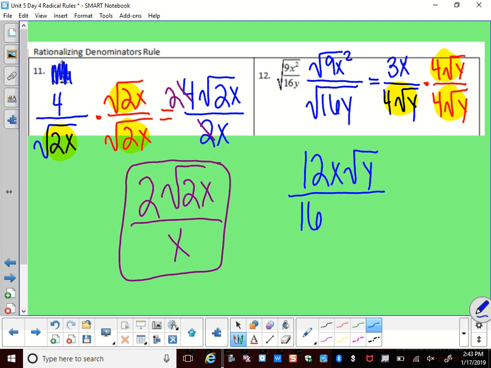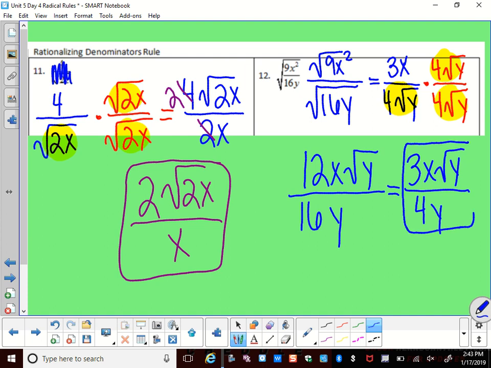What happens to my square root of y? It goes away, but y stays. That's your answer, or you can simplify it to be 3x root y divided by 4y. Remember, you can only simplify what is outside of the radicals. Does that make sense?